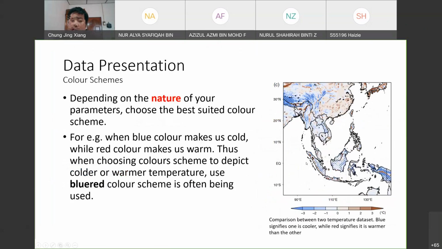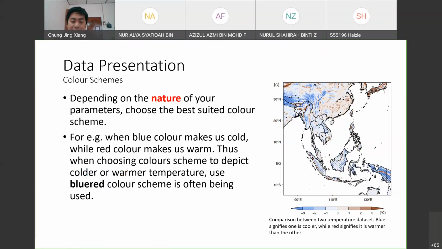All right. Next, when you want to choose the color scheme, it's also important to choose the color based on the nature of the parameter or the variable you are trying to represent. For example, when you see blue color, you feel cold. But when you see warm color, you feel warm.